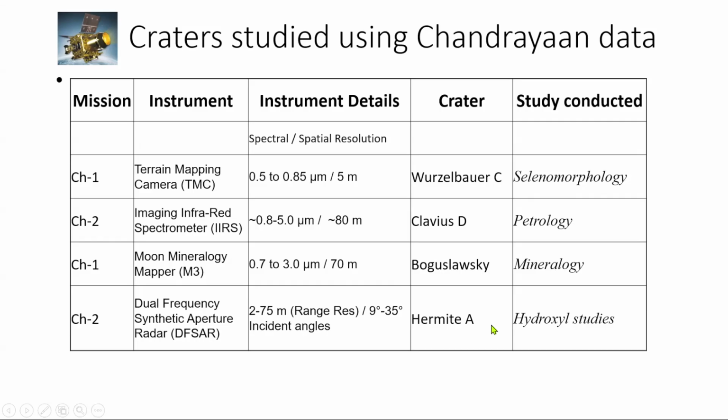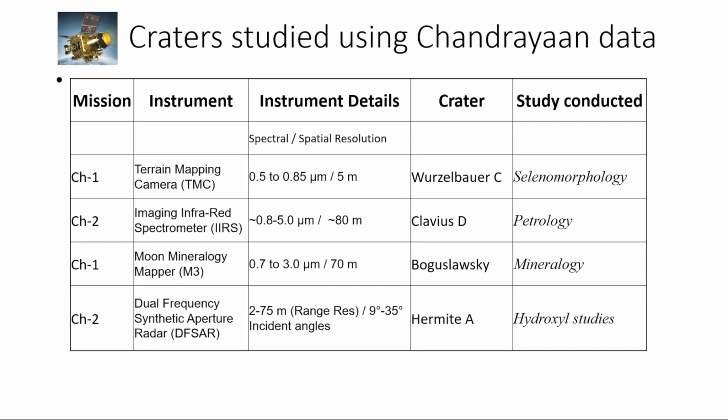And finally, we have chosen one more crater in the North Pole region, Hermite A. For this crater study, we wanted to do some hydroxyl studies using the SAR data, synthetic aperture radar data.